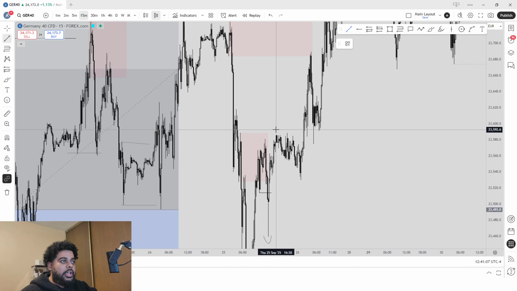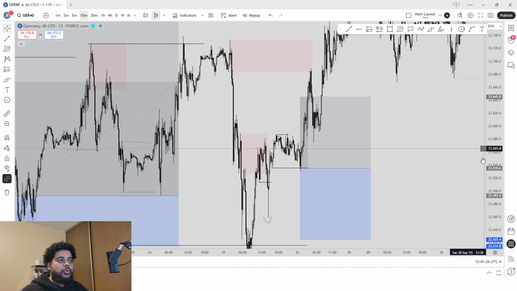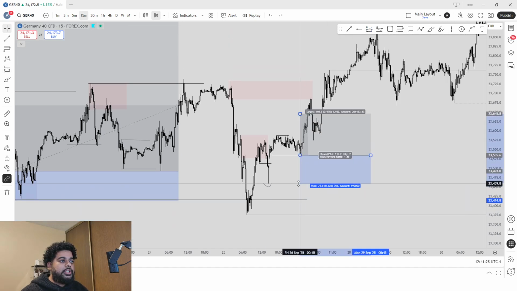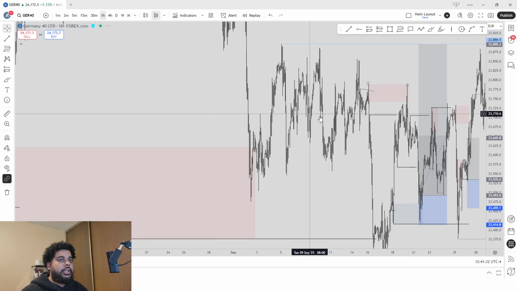We induce higher as well right here. Looking at it in terms of this simple structure, we build at this low right here, we had this move higher, and then we ultimately come and trap the buyers. Entered buys right here as soon as the low was taken out, and then kept my stops below the liquidity block, and then targeted the highs.